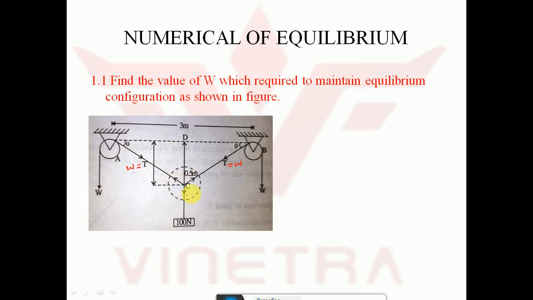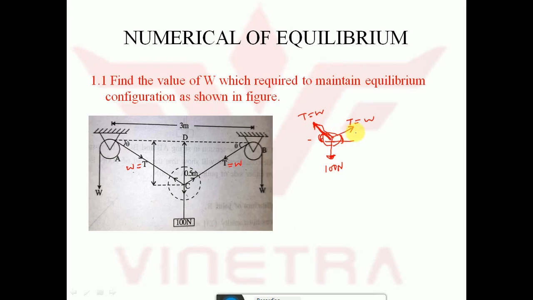If I draw the free body diagram of this picture, it will look like a load of 100 Newton, and see here this arrow, this is tension T equal to W, and this also is tension T equal to W. Now I need to find the angle made here to apply Lami's theorem, or I can find the horizontal angle to apply equations of equilibrium.